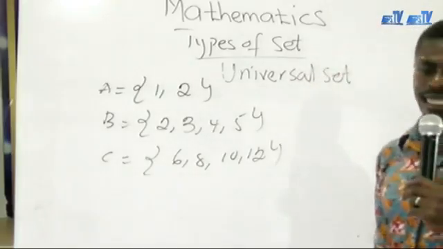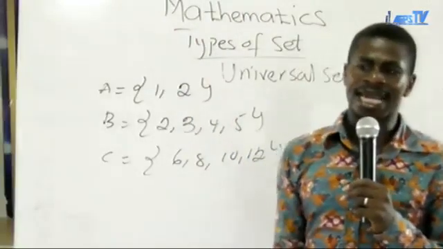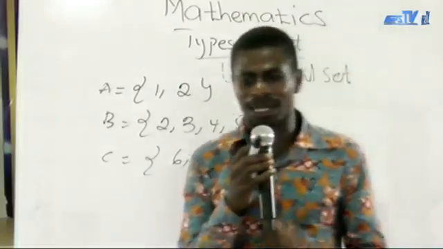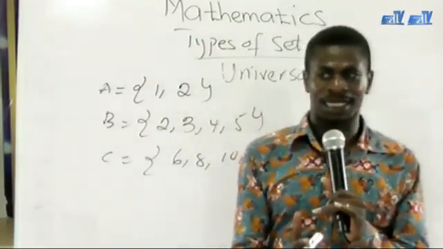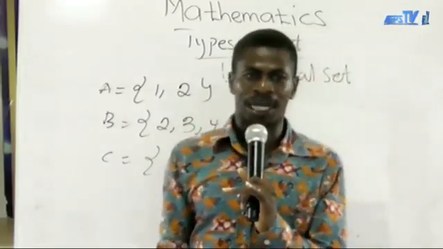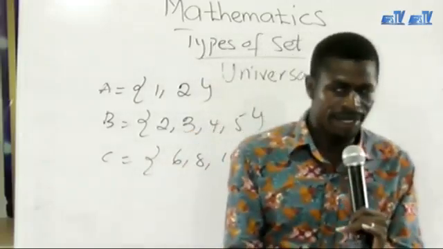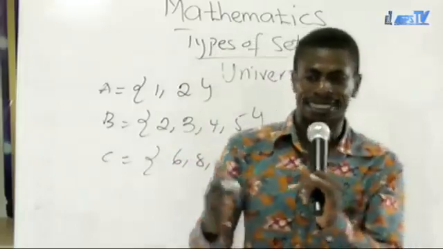So when we say universal set, it is all the sets put together. Again, if you come to my school, for example, AGPS, that is Abundant Grace Preparatory School, we have the nursery department, we have the KG department, we have the lower primary, we have the upper primary, and then we have the JHS. These are individual sets.